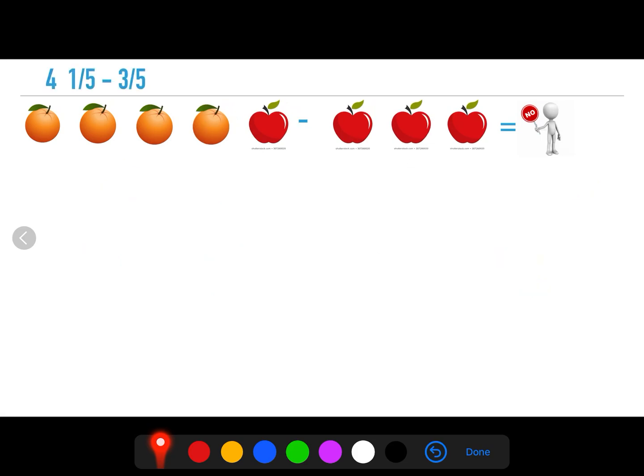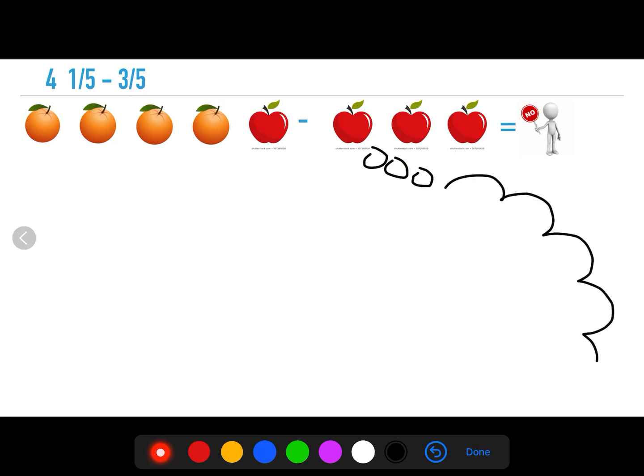Let's try one more problem. This problem, I have 4 1/5, and I want to take away 3/5. In other words, I have 4 wholes or 4 oranges and 1 apple, and I want to take away 3 apples. I cannot do it.